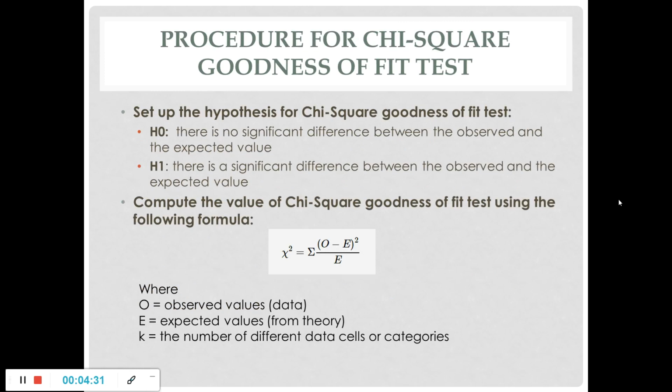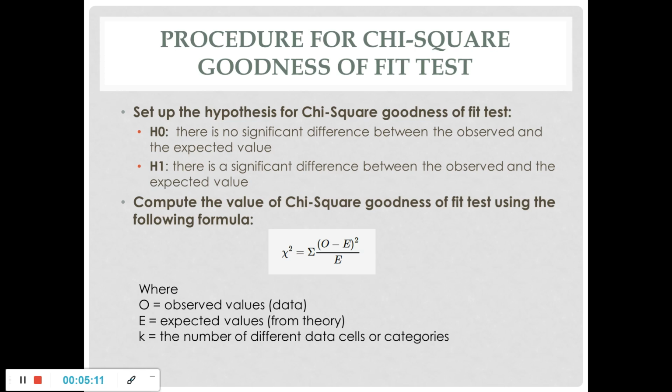Now let's see the procedure for conducting a chi-square goodness of fit test. The process is similar to the hypothesis test, where the first step is setting up the null and alternative hypothesis. The difference here is that the null hypothesis is all about the population distribution and sample distribution.